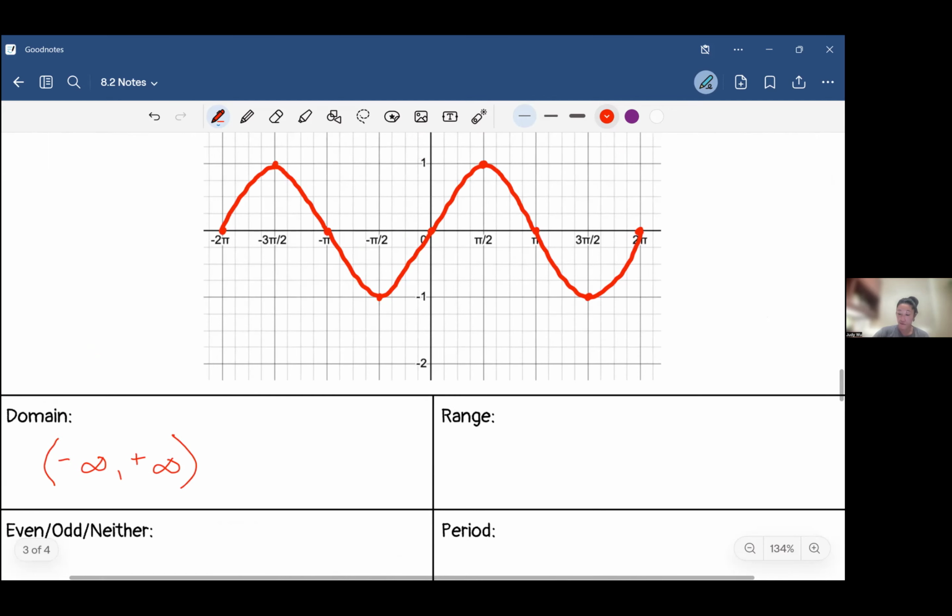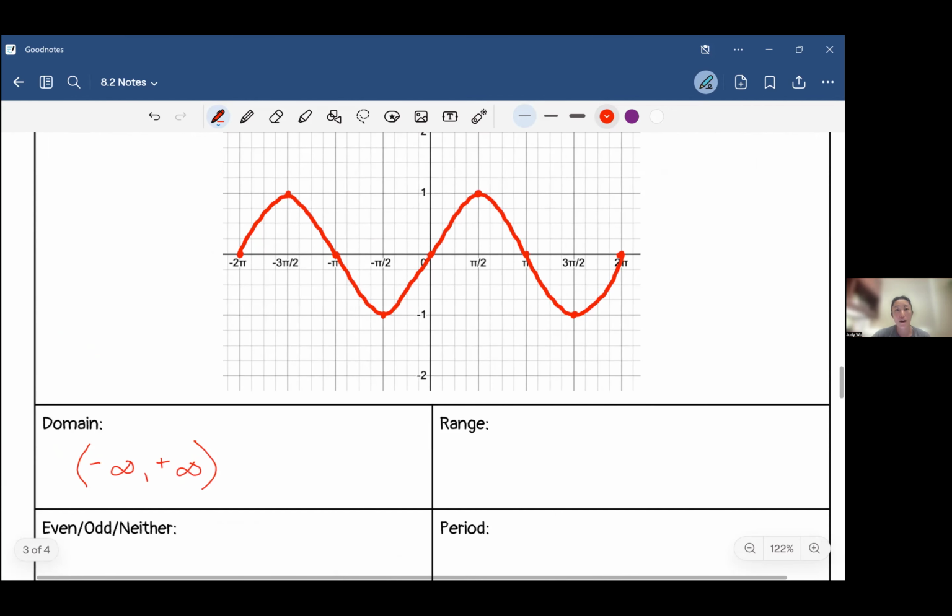All right, now the range talks about the y values, like what's the lowest y value that you have and what's the highest y value that you have. We see that the lowest y value here is -1, right? The bottom of this bump and the bottom of this bump. And then we also see that the highest y value is up at 1, like the top of this bump and the top of this bump, okay?